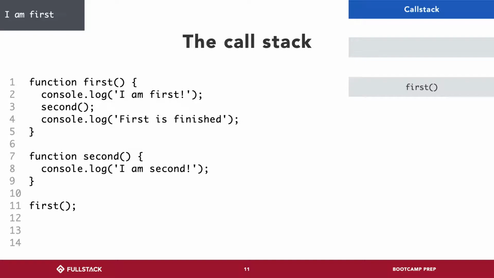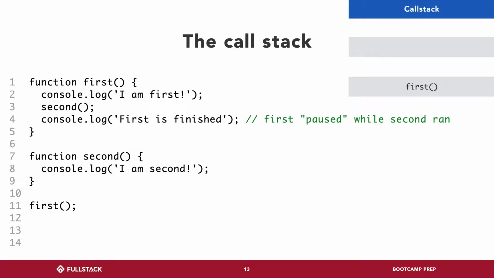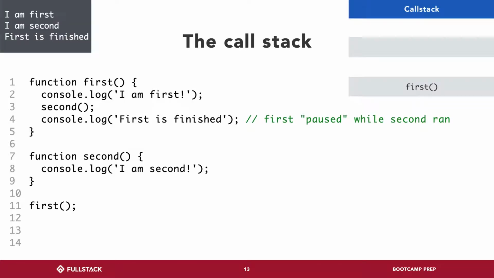We see I am first up there, okay? And then second goes onto the call stack. And then when second runs, we see I am second, right? And second is then taken off of the call stack. And that whole time, first has been paused while second was running. But now that second is finished running, it's not on the call stack anymore. First is not paused anymore, and first continues to run. So that's why you see first is finished.